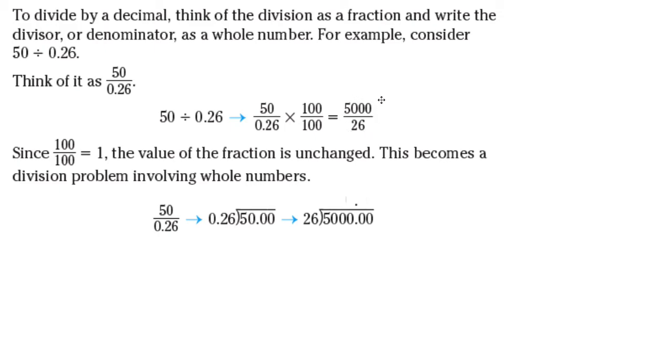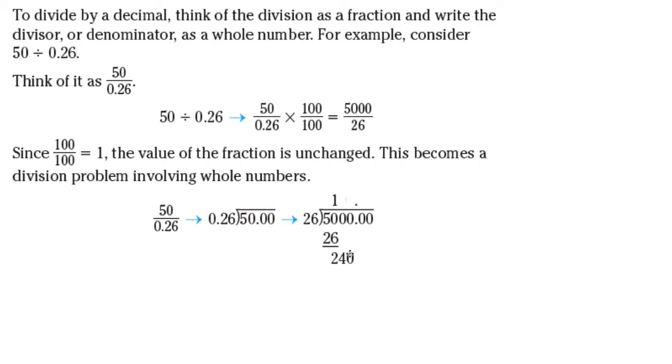So we divide normally. How many 26's go into 50? We know that there is one 26 that goes into 50. So 1 times 26 will give us 26. Subtract 50 minus 26, that would give us 24.